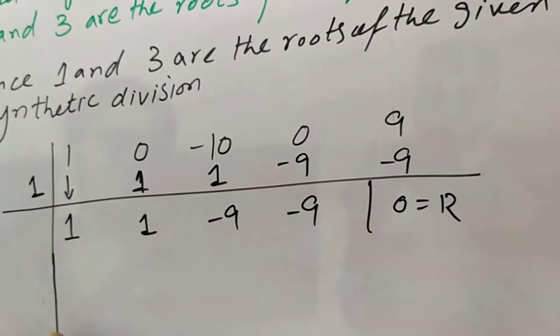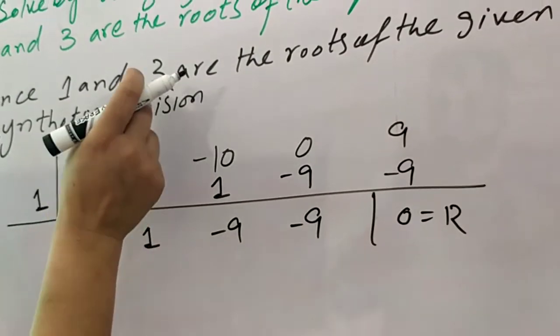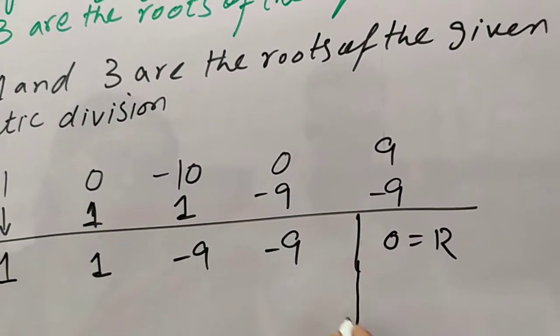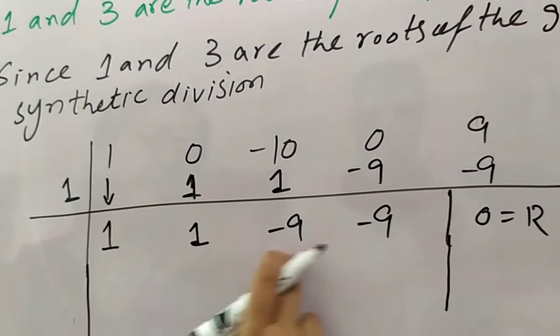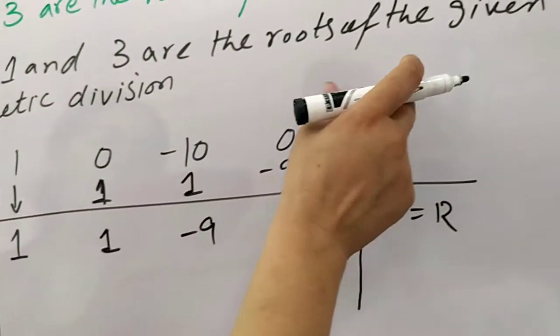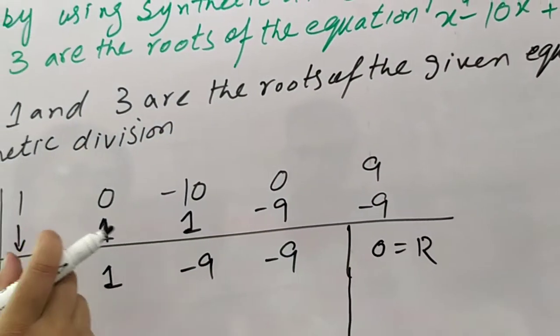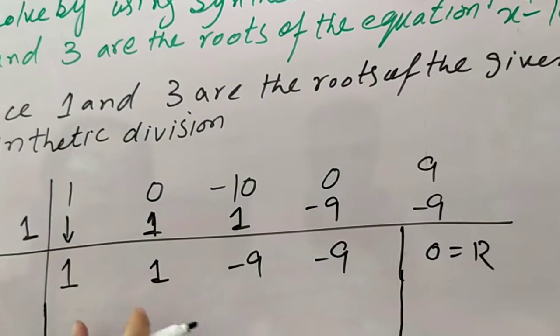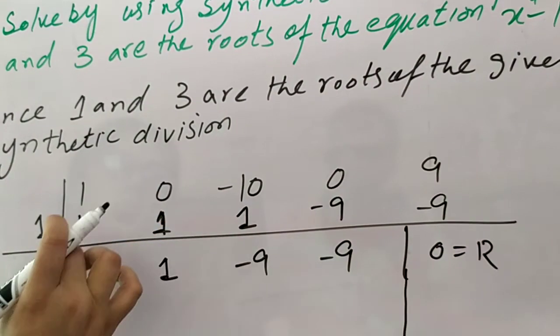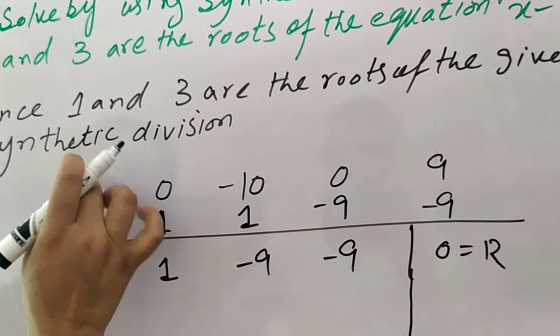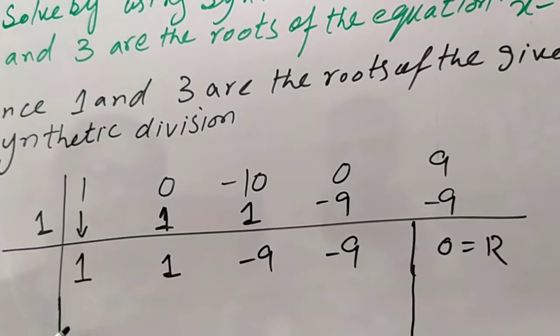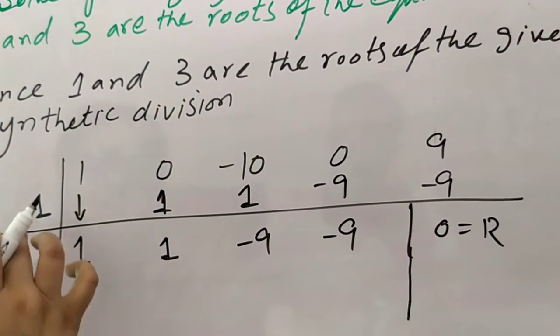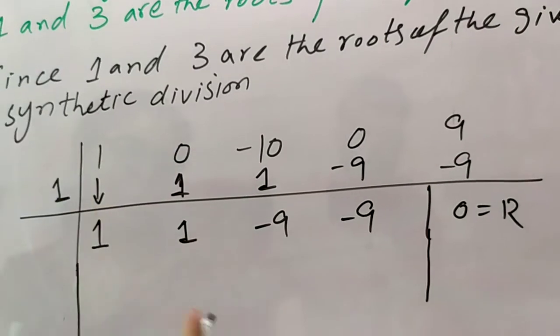Now I will use this one root for these coefficients, not for these. Most of the students make this mistake during this question. They again use these coefficients for the second root. We will use these coefficients after dividing by 1, the first root.